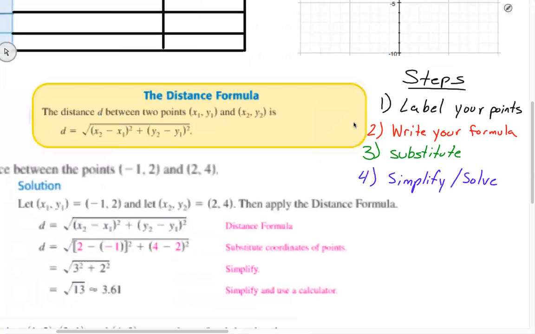Now, with this problem, we can see they've labeled their points, -1, 2, and 2, 4. They labeled x1, y1, x2, y2, and then they plugged it in. They wrote their formula, they plugged it in, then they went ahead and simplified it and solved it. So all I did was just generalize the steps to make it work for whatever I'm doing.